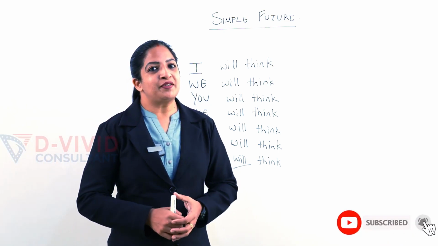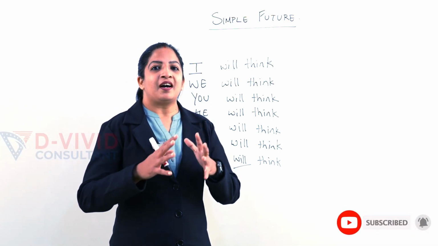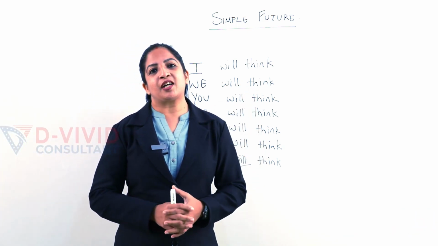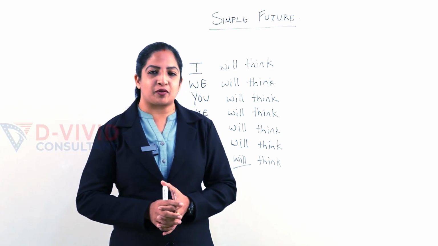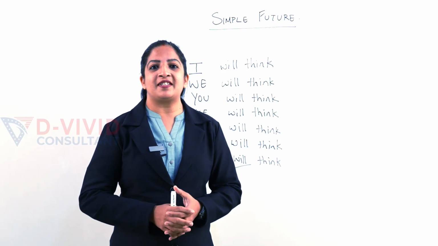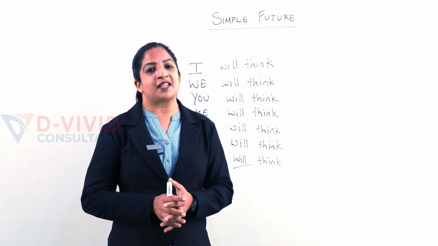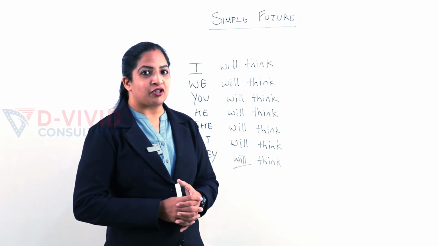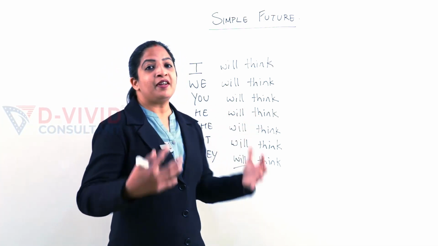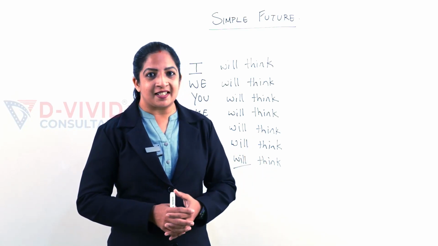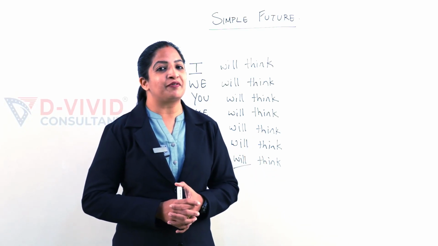In previous videos I have informed you why we need some extra words or verbs in between. They represent the nature, they represent the tense up to a certain limit. Here, in simple future, we have everything we need to indicate that our sentence represents simple future.